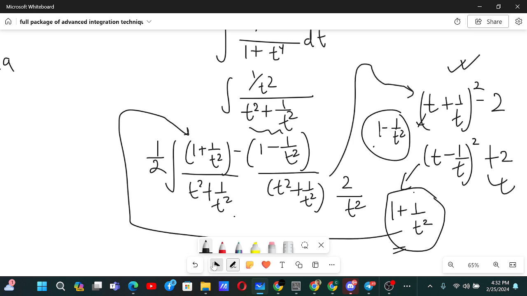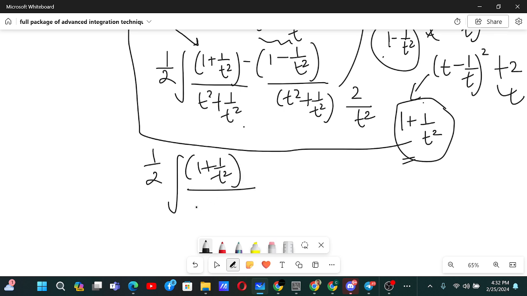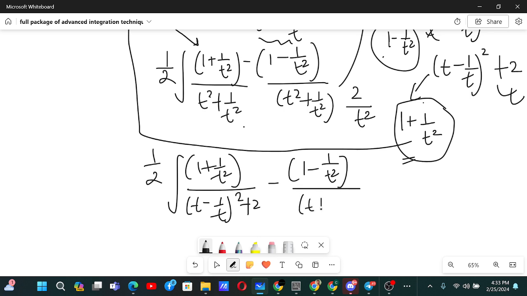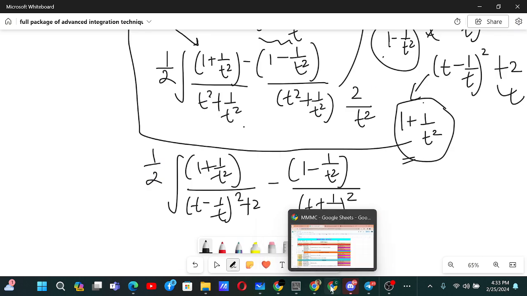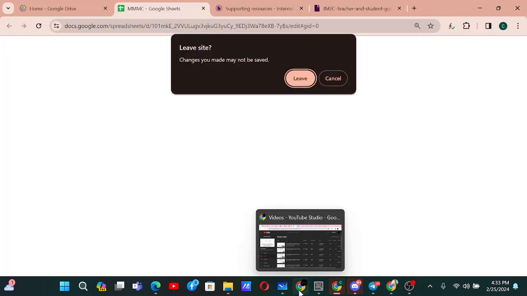So now let me do that. 1 by 2 integral of 1 plus 1 by t square over t minus 1 by t whole square plus 2, minus 1 minus 1 by t square over t plus 1 by t whole square minus 2. And let me cancel all of this. These are just disturbing.